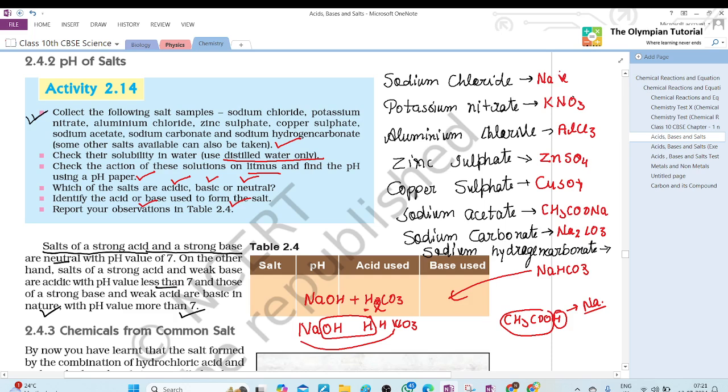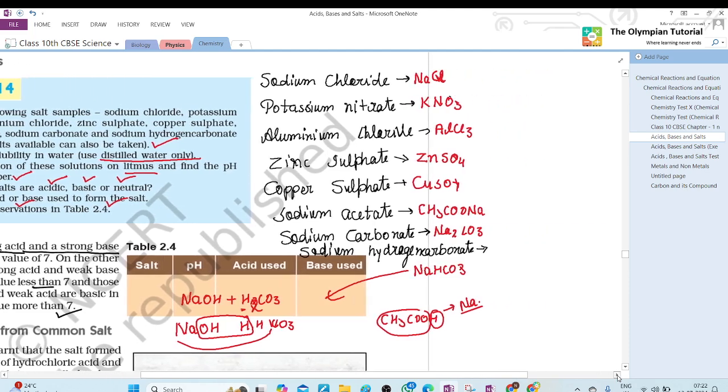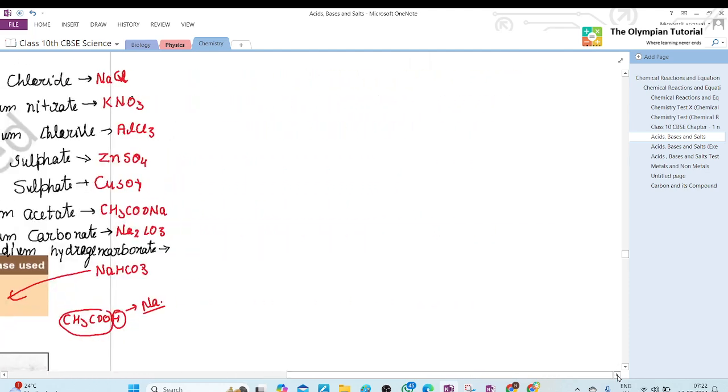Students, write it down in your notebook. Otherwise, you have to make its notes with me. Wherever you want, you can write, but finally you have to write in your fair notebook. So, sodium chloride: you have to write how it is formed. Sodium chloride is formed by the action of NaOH plus HCl.